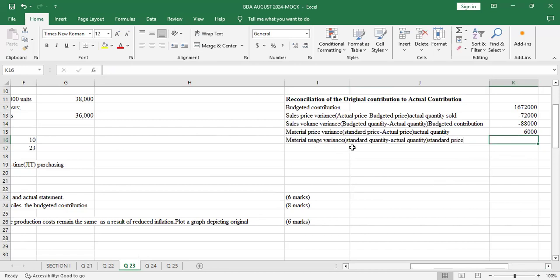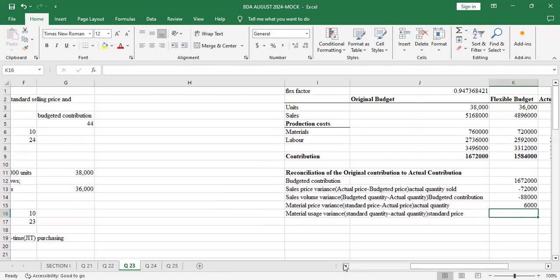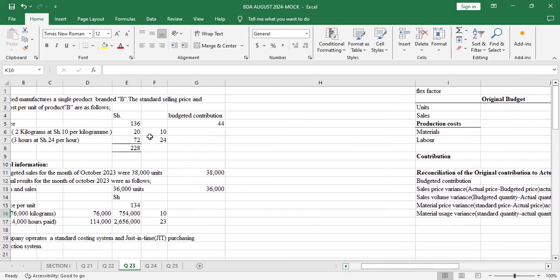For material usage variance, the standard quantity is the standard quantity in actual. So you use the units of actual production to get the standard quantity. You ask yourself, 1 unit requires how many kilograms? Then, what about the actual units which were produced? Under standard, a unit requires 2 kilograms.